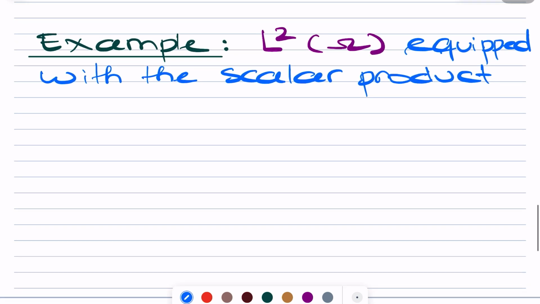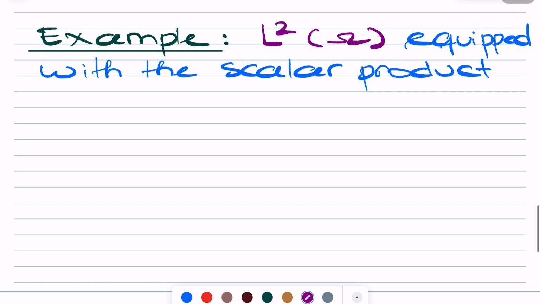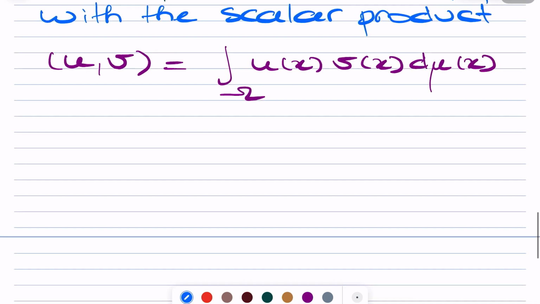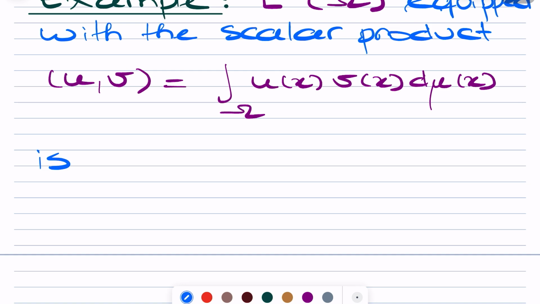Let's define the scalar product of u and v as the integral over omega of u of x, v of x, d mu x. So L2 of omega with this scalar product is a Hilbert space.